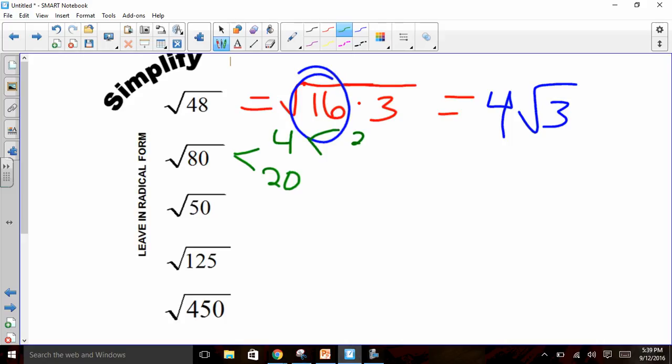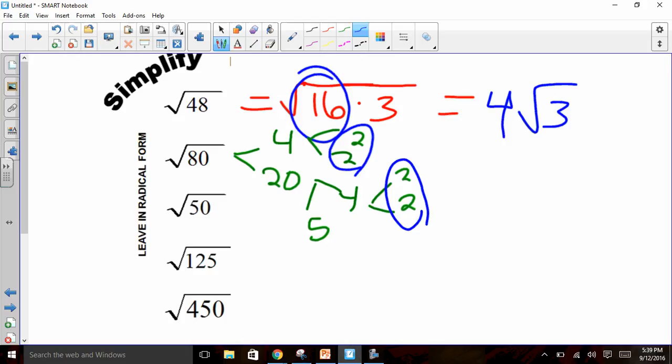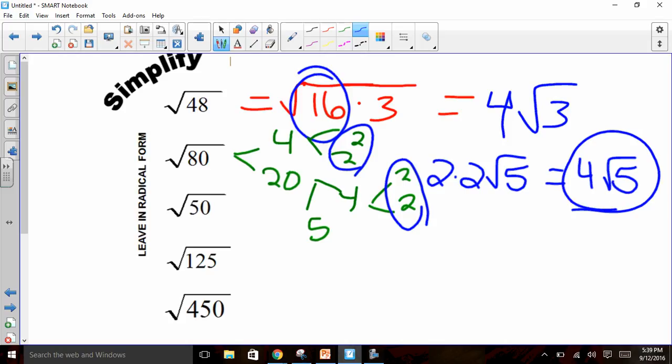So 4 is equal to 2 times 2. 20 is equal to 4 times 5. 4 gives me 2 times 2, and 5 can't reduce down any farther. One group of 2, 2 groups of 2, and one lonely 5. So I'm going to have 2 times 2, square root of 5. 2 times 2 is 4. My square root of 5 follows with.